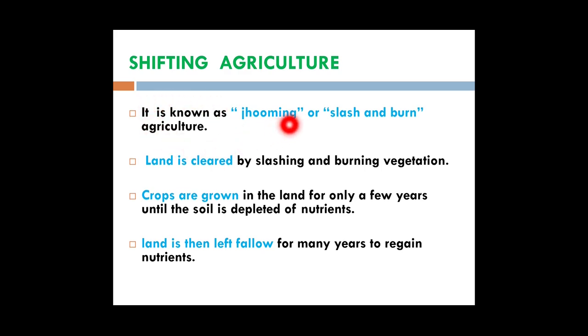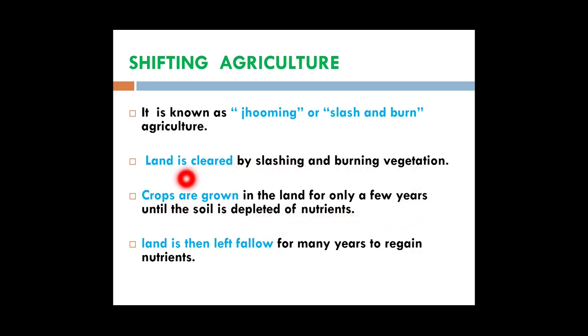This type of agriculture is known as jhum agriculture in the northeastern part of India, and it is also known as slash and burn agriculture. Here they slash down the trees and then they burn them. In this, the land is cleared by slashing and burning vegetation. Crops are grown in the land for a few years until the soil is depleted of nutrients.